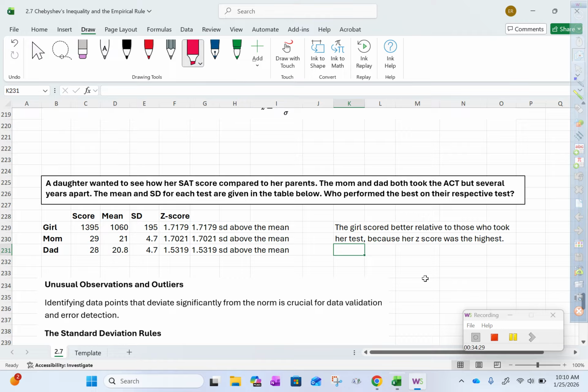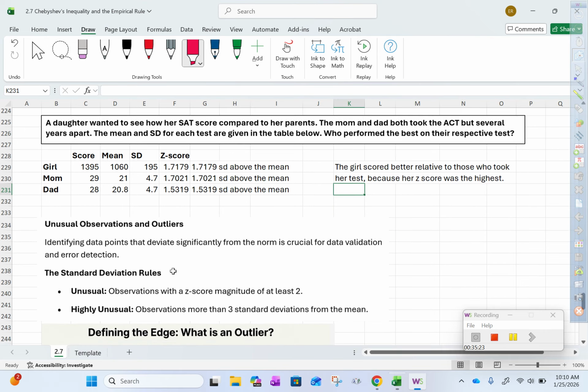We talked about running a race. You want a lower time. We talked about incident rates of cancer or disease. You would want that to be lower as well. So you have to keep in mind what each of these different scores represent to know what kind of z-score would be considered good, positive, or negative.